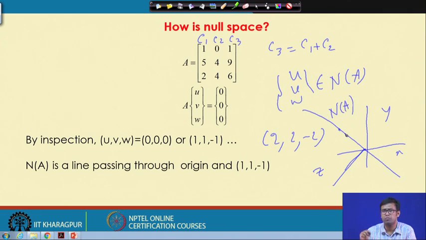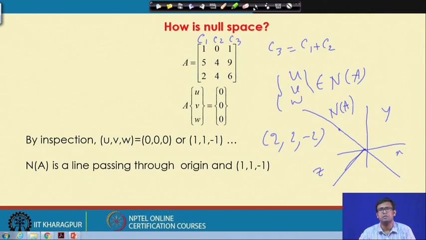Any vector pointing to any point on this line will be a null space vector. However, this is a simple matrix and we can find the null space by inspection only, since the first and second columns sum up to the third column. So, any solution which multiplies 1 with the first column, 1 with the second column and minus 1 with the third column, or a multiple of that, will be a solution.